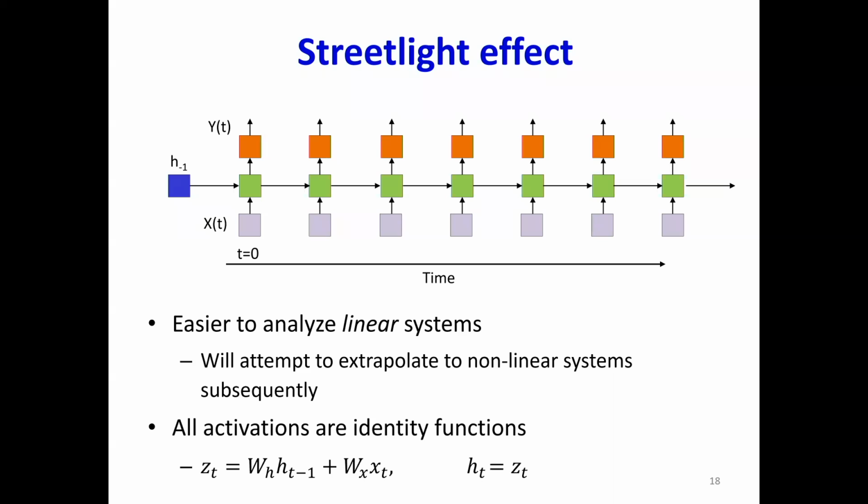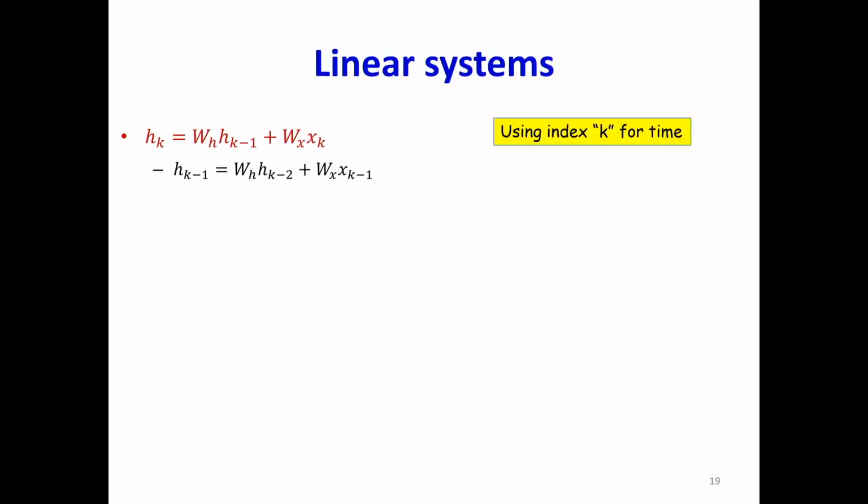So each hidden unit simply produces the affine value itself as its output. The affine value at any time is the hidden unit's recurrent weights, WH, times HT minus 1, plus the bias. Let's ignore the bias for the moment. So if I write it out, this is what it is.